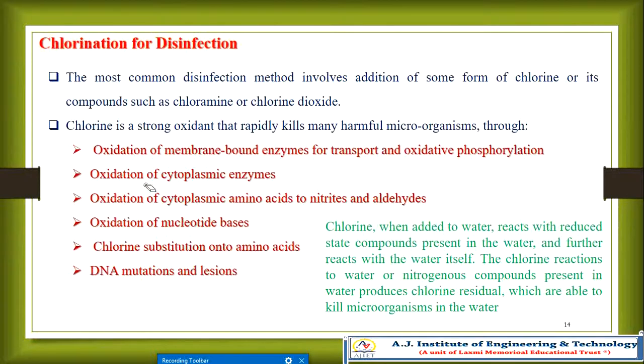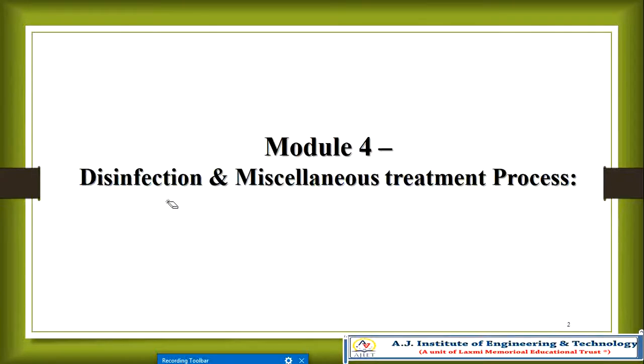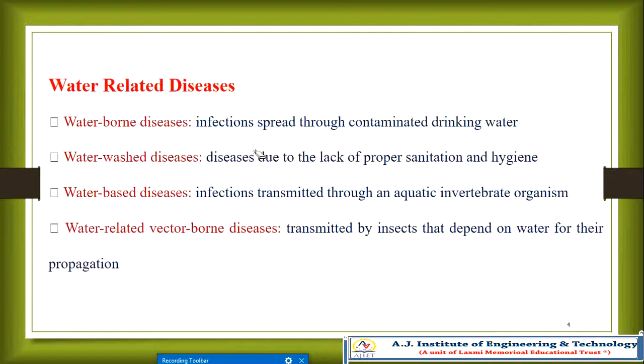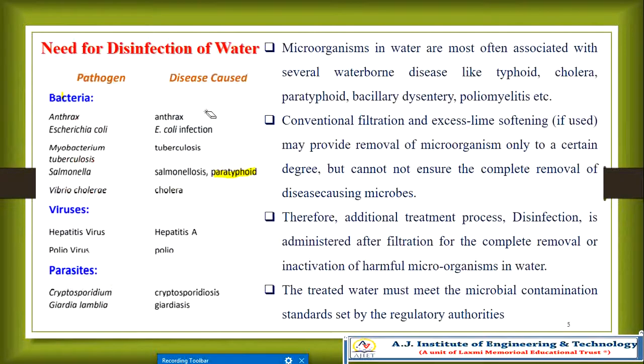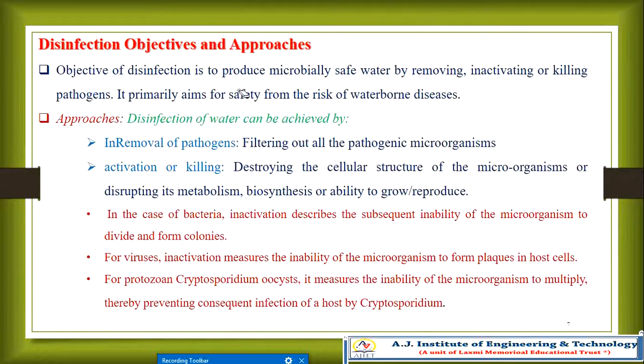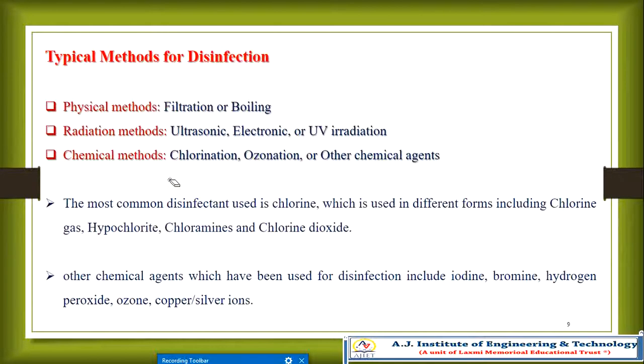Okay, so today in part 1 we discussed module 4, which is disinfection. What is the primary objective as well as the definition, water related diseases, why we need disinfection, what kind of diseases pathogenic microorganisms cause, and the difference between sterilization and disinfection. We covered the approaches of disinfection and the mechanisms involved, the typical methods used: physical, radiation and chemical.